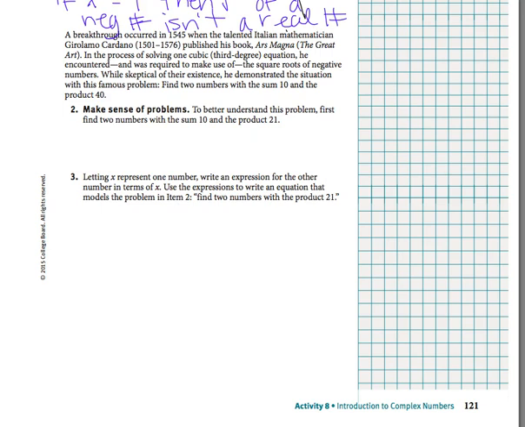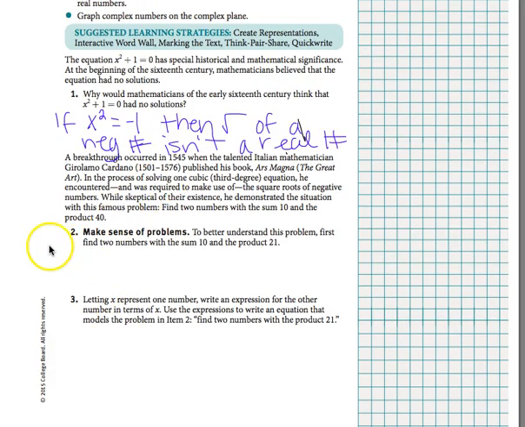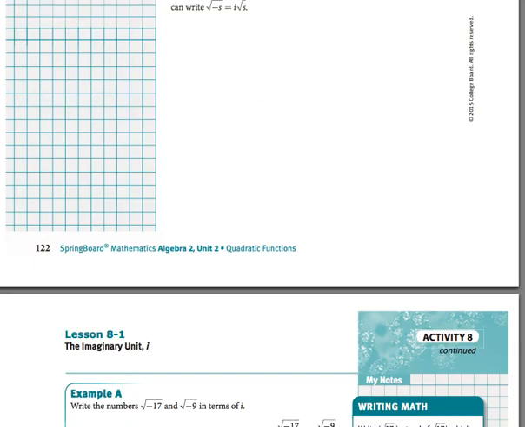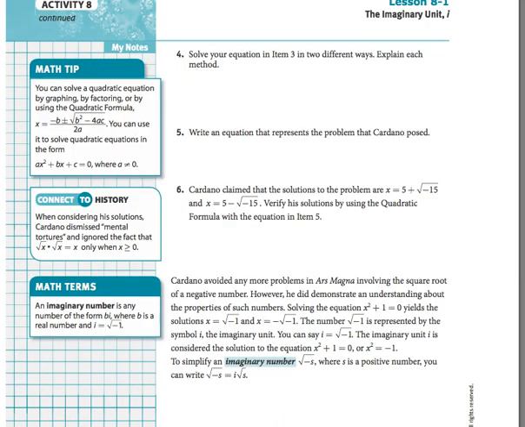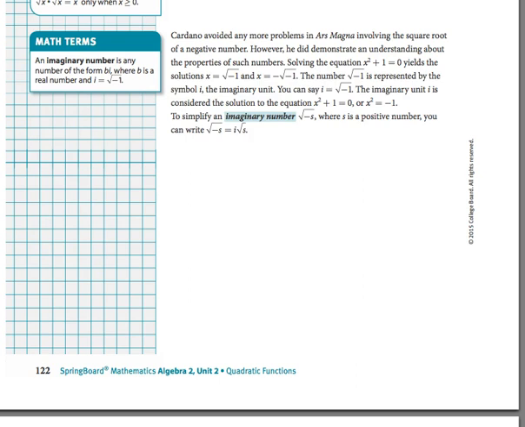So we're actually going to skip, if you want to draw an X through number 2, 3, 4, 5, and 6, we are going to skip down to the bottom of page 122, where we have our definition of the imaginary unit.